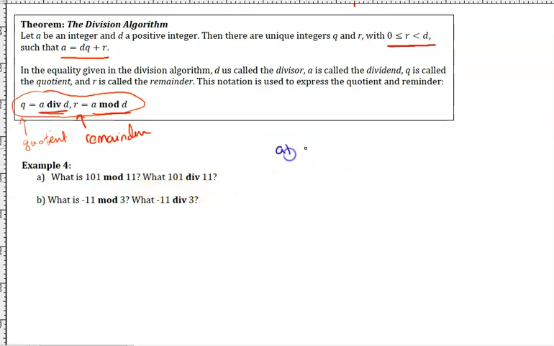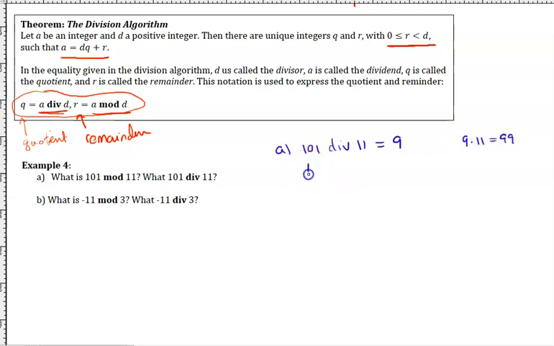So 101 div 11 is basically, if you divide 101 by 11, the div gives you the whole integer. How many times does 11 go into 101? It goes 9 times, and 9 times 11 is 99.